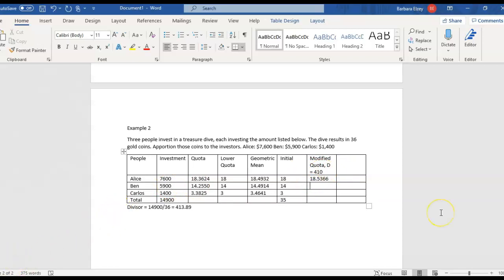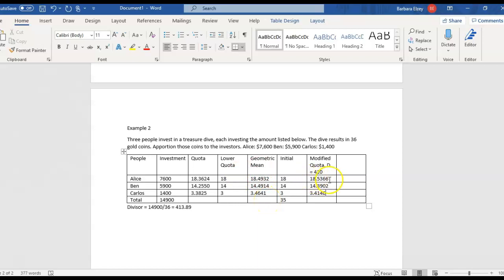We get 14.3902. And then lastly, let's divide our 1400 by 410. And that is going to give us 3.4146.